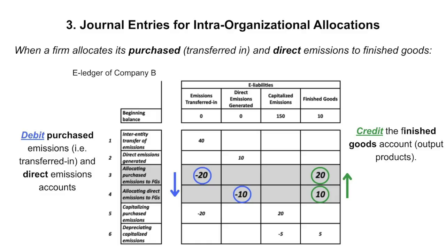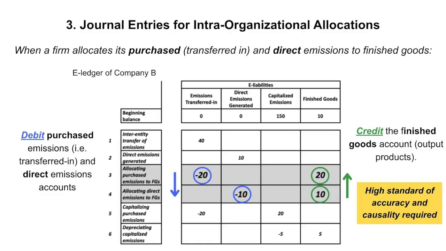This has to be done accurately if the emissions, going back to our first transaction, when you sell that product to your customer, those emissions have to be both accurate and verifiable. So there's a higher standard of accuracy and causality required in carbon accounting than we need in financial accounting for measuring the allocated costs to products.